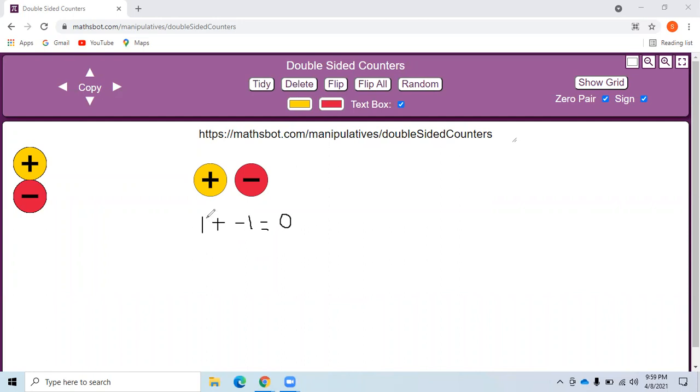Let's look at 1 and -1 again. We can line them up to make a pair. And we can line them up this way. We could also line them up this way. We could line them up vertically.